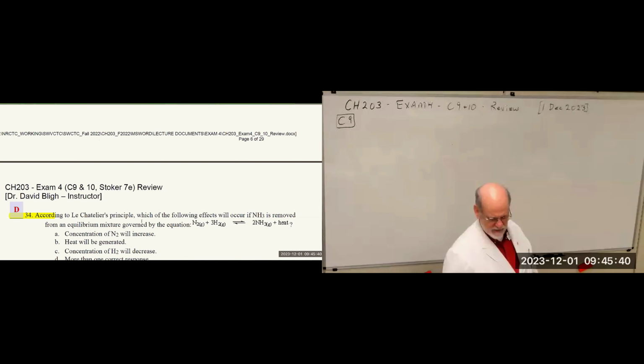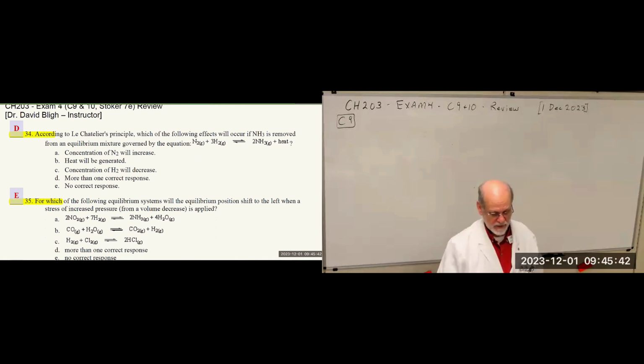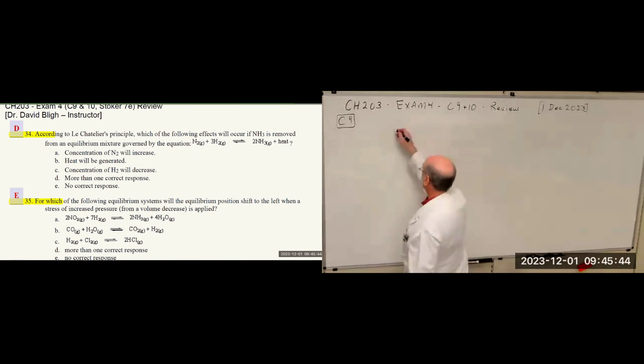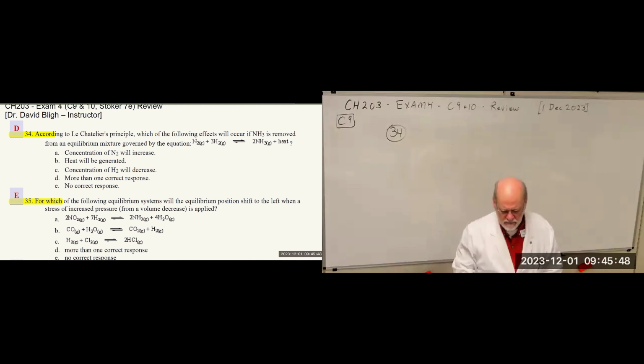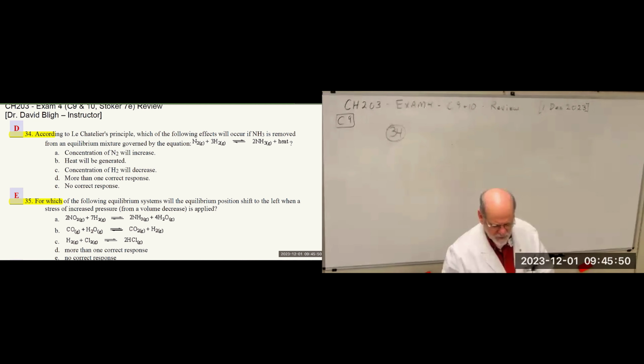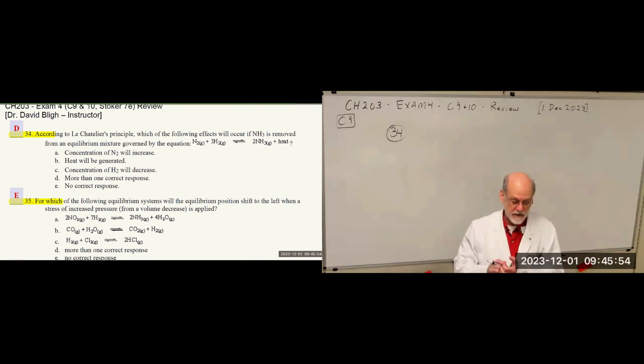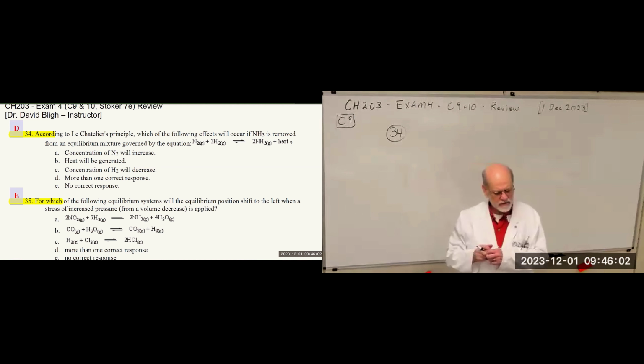Let's see, how about 34? We got the Haber again. According to Le Chatelier's principle, which of the following effects will occur if ammonia is removed from an equilibrium mixture governed by this equation? Kind of talked about that earlier. If you remove ammonia, you're going to shift the equilibrium to the right and make more ammonia.